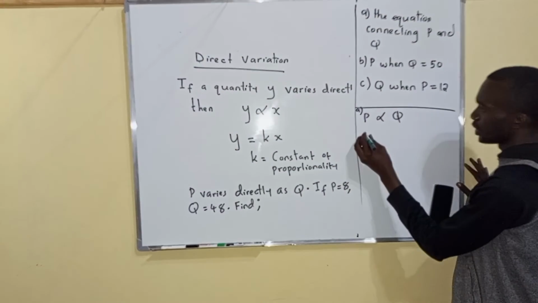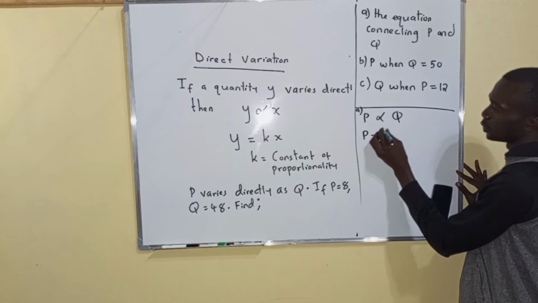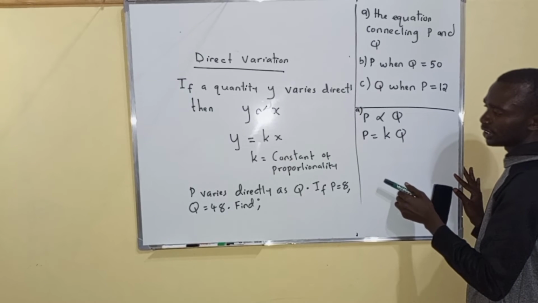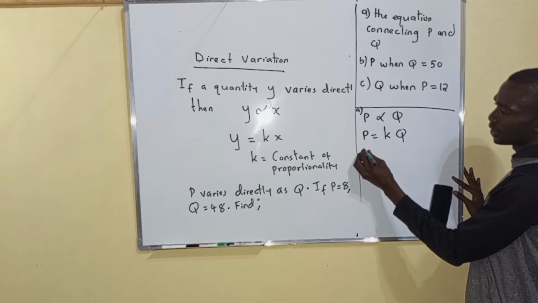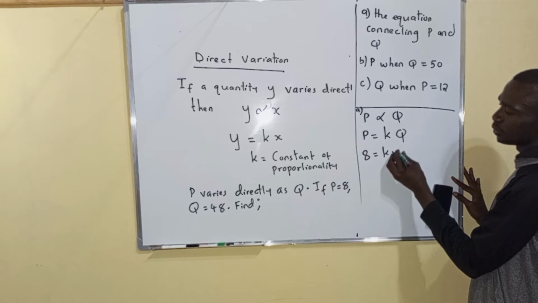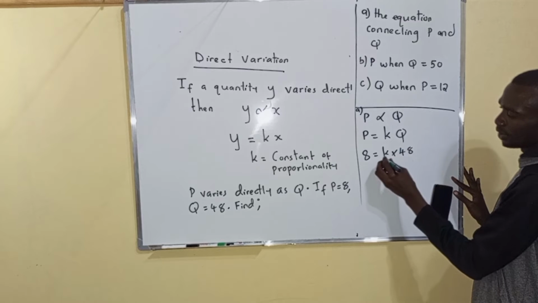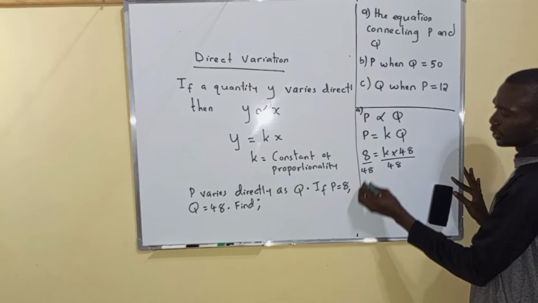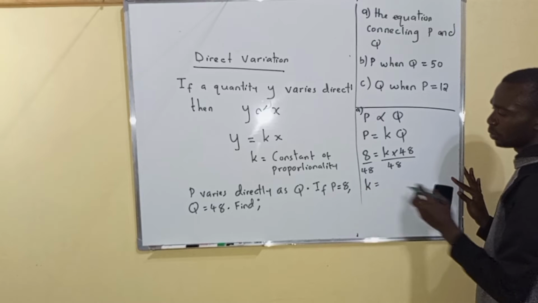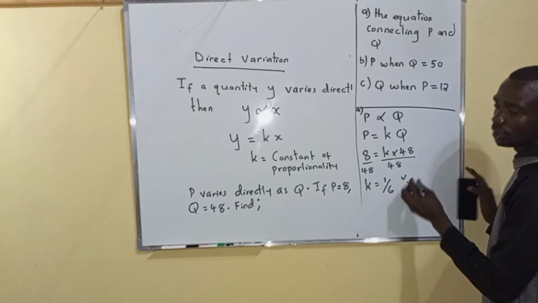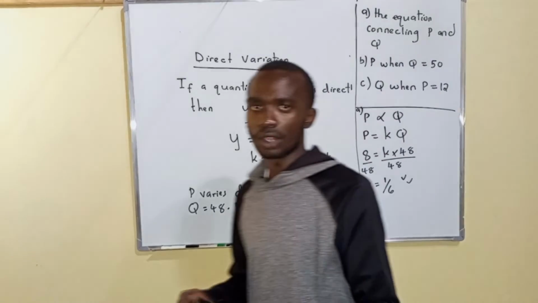So P is equal to KQ. But given that when P is equal to 8, the value of Q is equal to 48, divide both sides by 48. So you find the value of K is equal to 1/6.